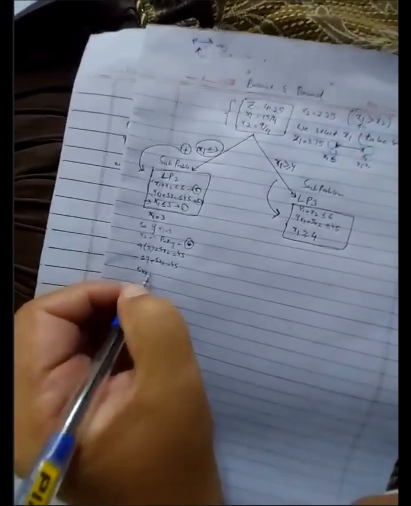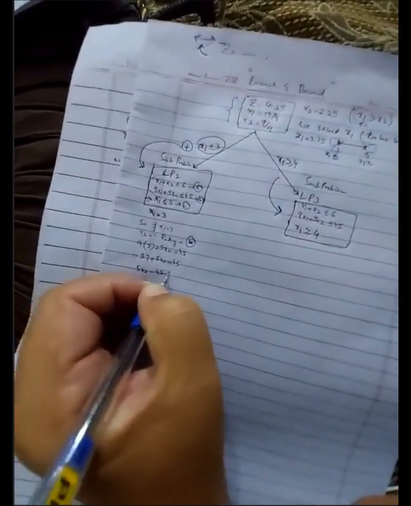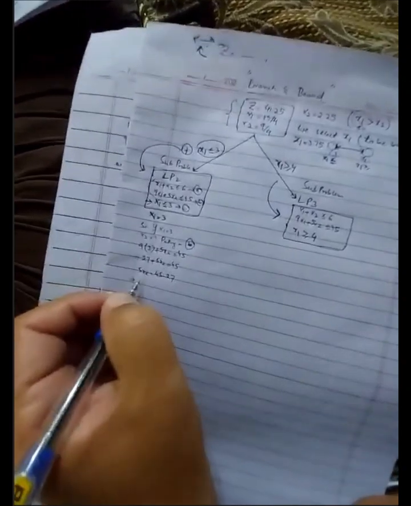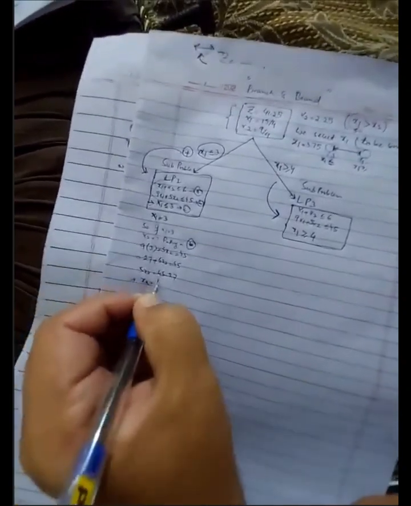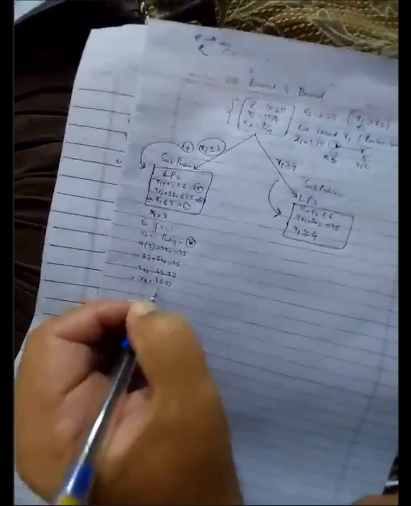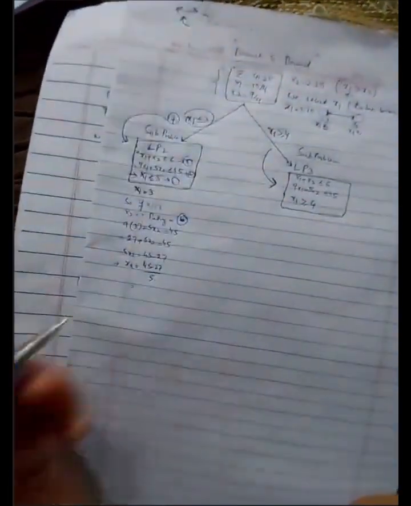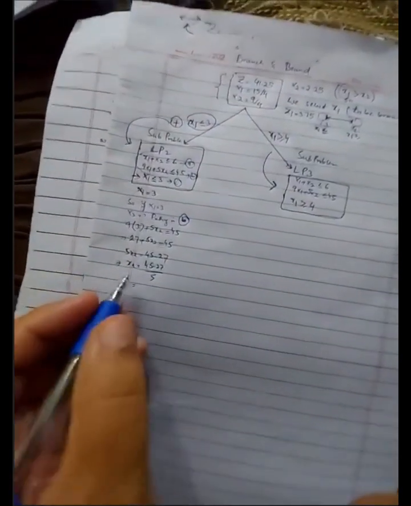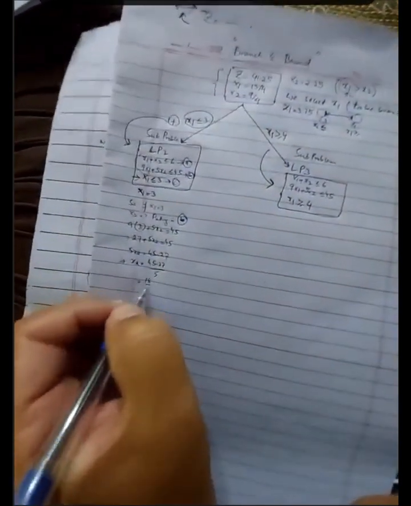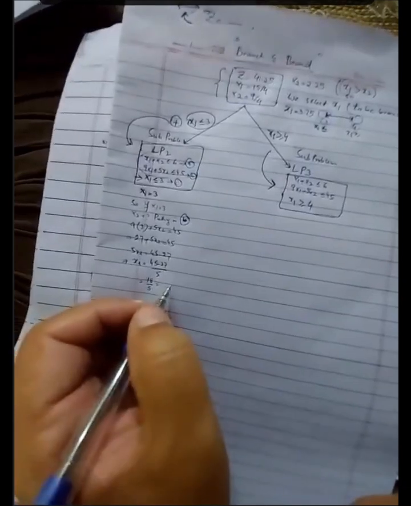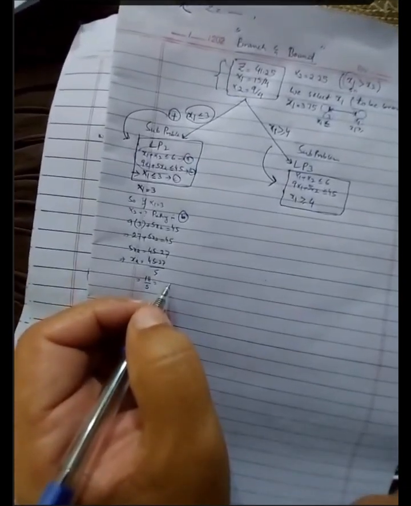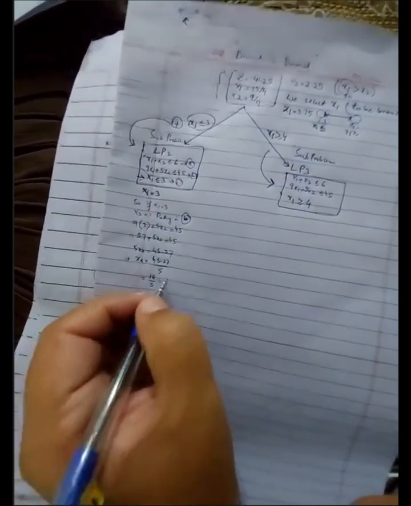So 5x2 is equal to 45 minus 27, which implies that x2 is equal to (45 minus 27) divided by 5. So it will give us 18 by 5, which in turn gives us 3.6.